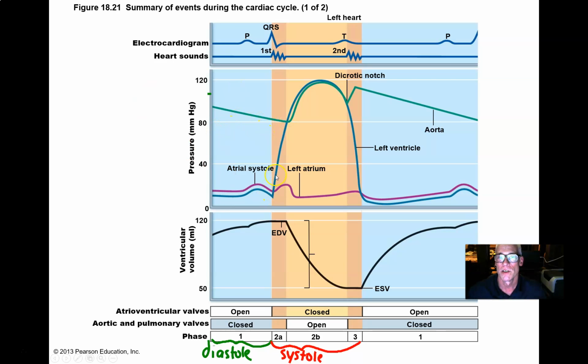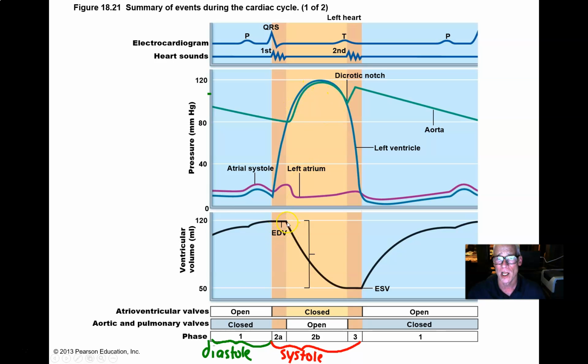Then the ventricle continues to raise its pressure, and only when the ventricle pressure is higher than the aortic pressure, when the blue line crosses the green line, is there more pressure in the ventricle than the aorta. Then blood flows from high pressure in the ventricle out into the aorta where it's lower pressure. So all the while that this blue line is higher than the green line, we are ejecting blood into the aorta. The semilunar valve opens right as these lines cross, and blood is being ejected all the while.